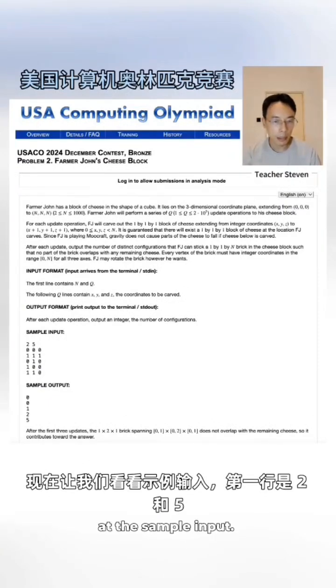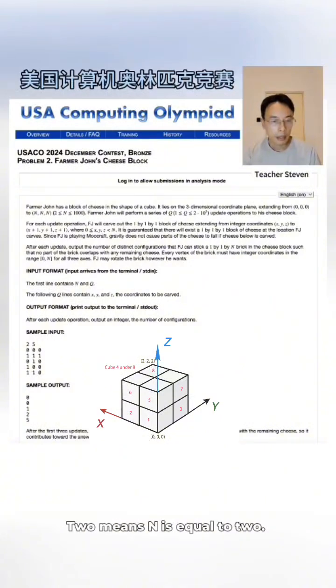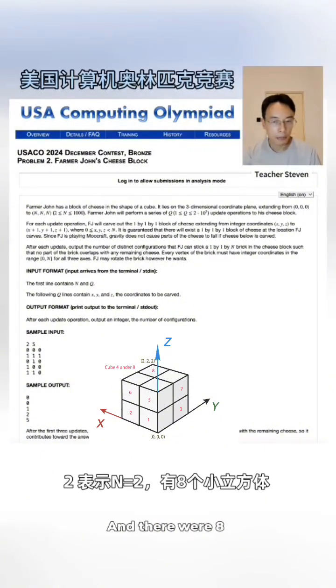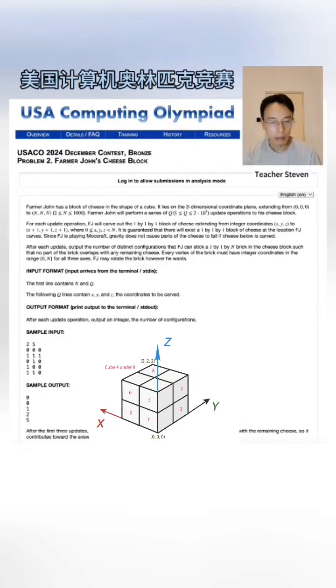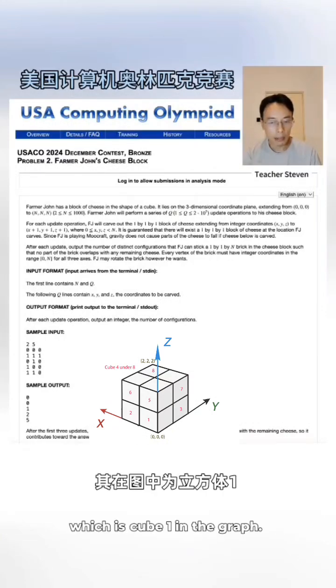Now let's look at the sample input. The first line is 2 and 5. 2 means n is equal to 2, and there will be a total of 8 small cubes and 5 updates. The first update is 0, 0, 0, which is cube 1 in the graph.